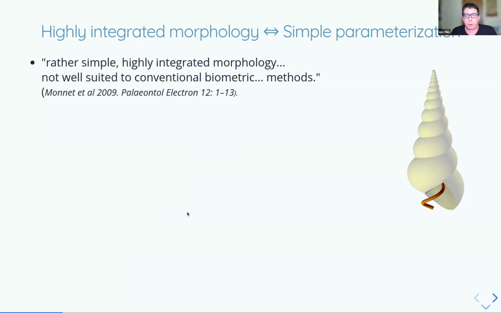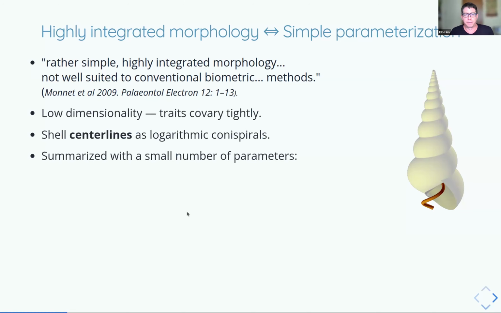So the allure, or also the problems, of studying coiled shells is exemplified by this quote from Monet. It is a very simple morphology, and it is very highly integrated. That means that it's a very low dimensional morphological space, or parameter space.